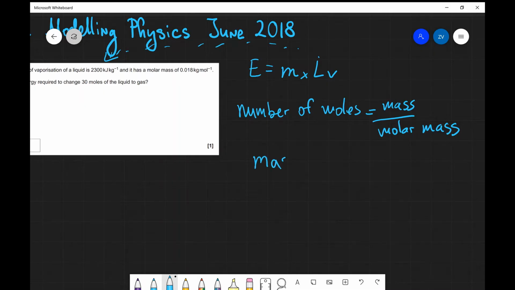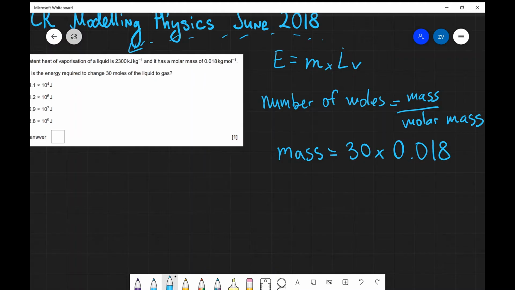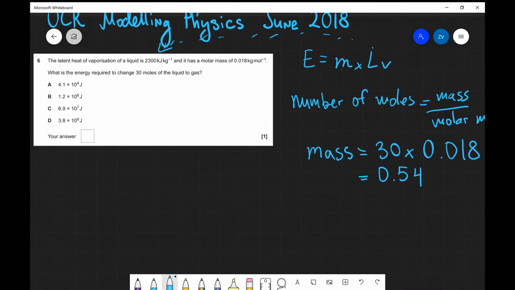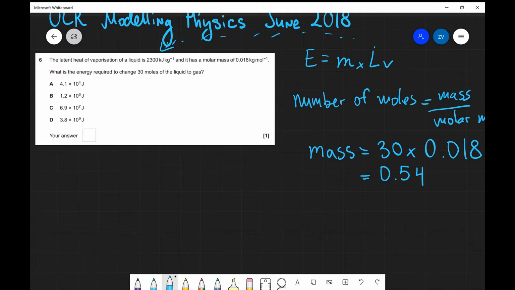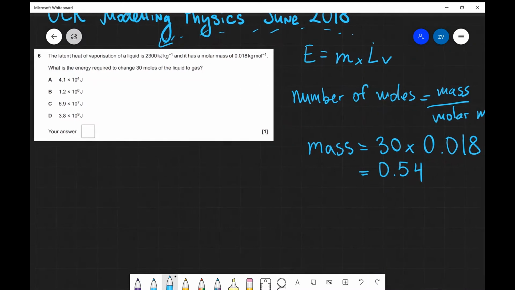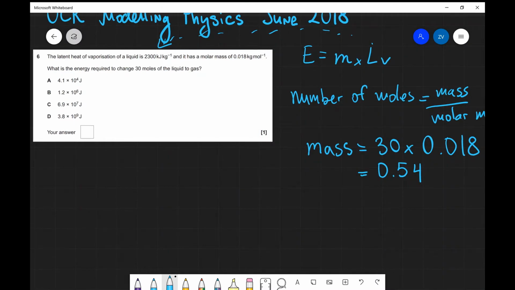The mass is going to be the number of moles times your molar mass. So 30 times 0.018. If we multiply those two together, we get 0.54.